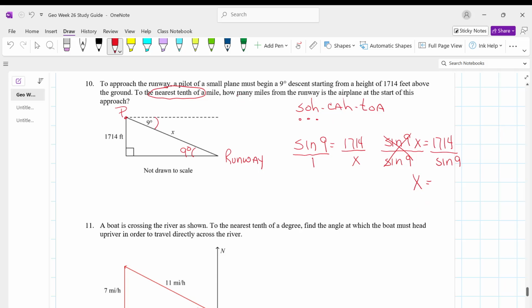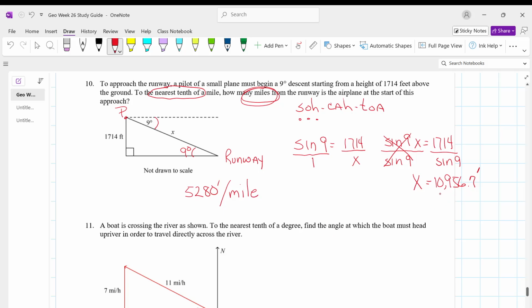Okay, so be careful here, all right? To the nearest tenth of a mile. How many miles is the runway from the start of the approach? This x is in feet right now. So we got 10,956.7. That's in feet. There are 5,280 feet in a mile.